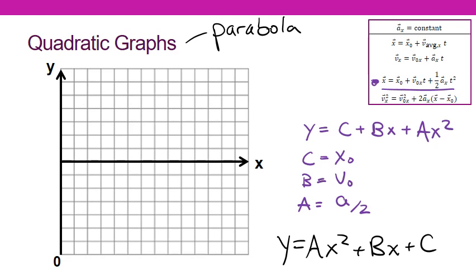So anytime we're dealing with this third equation, we already know that we're going to get a parabola as long as we have a value for c, b, and a.